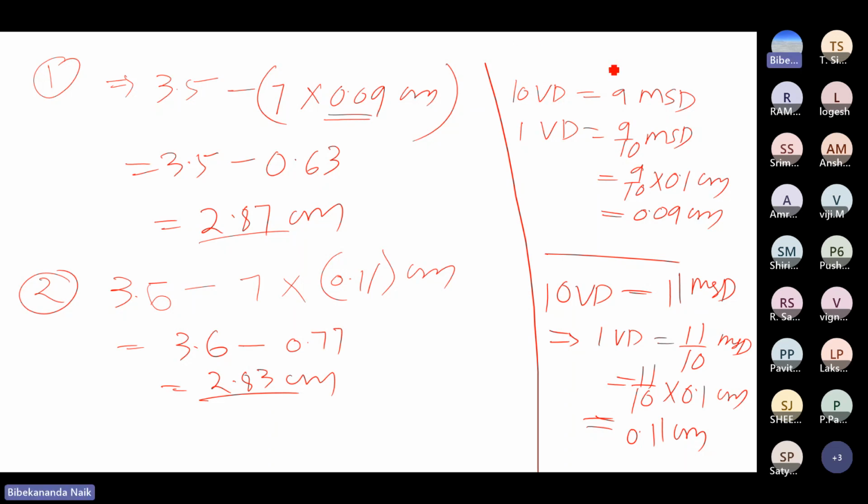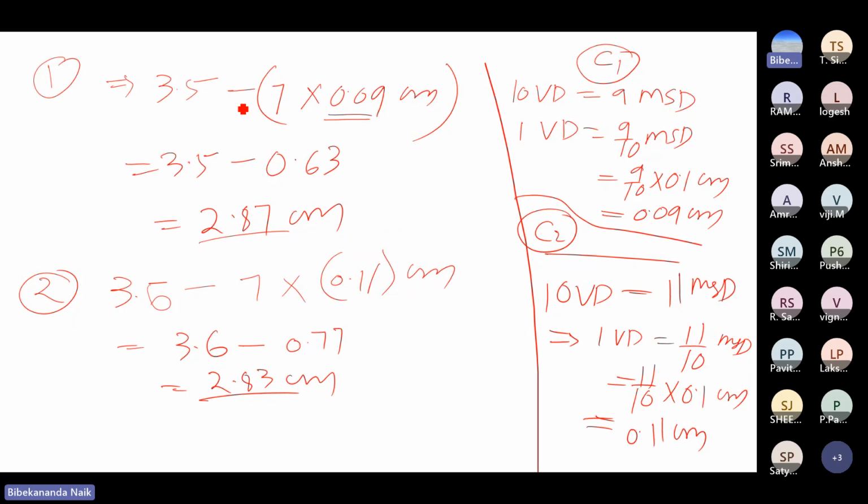This is C1, and this is C2. So for C1, one vernier division is 0.09 centimeter, but for C2, one vernier division is 0.11 centimeter. So according to the new measurement rule, like in calculating least count we calculate one main scale division minus one vernier scale division, here we will be calculating total main scale reading minus total vernier scale length.